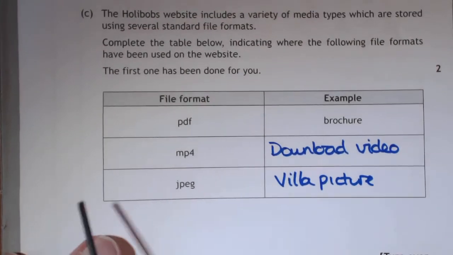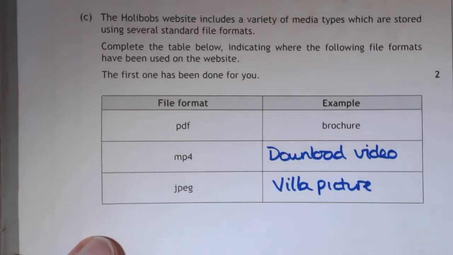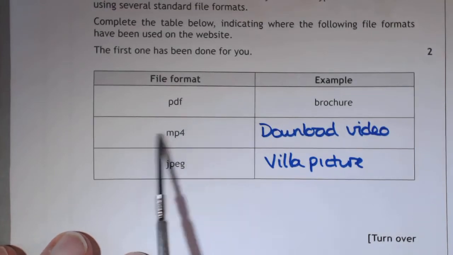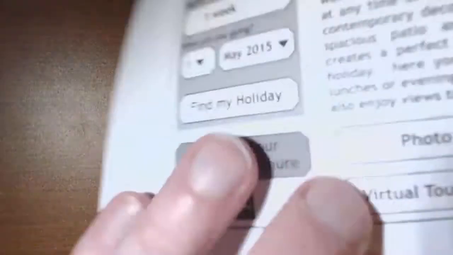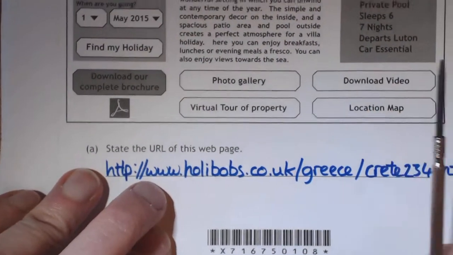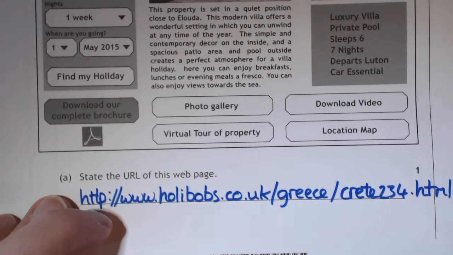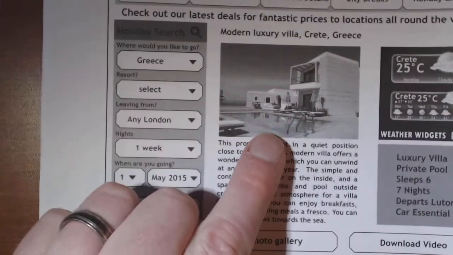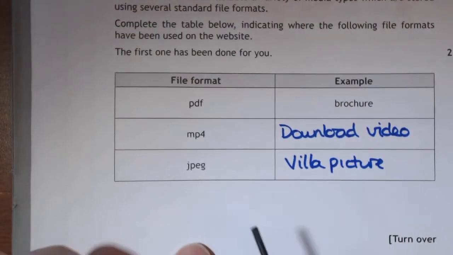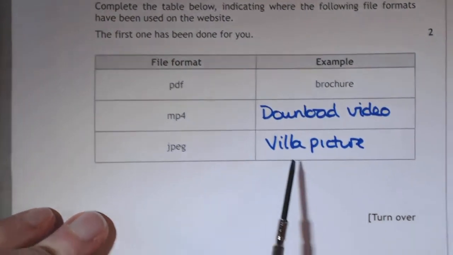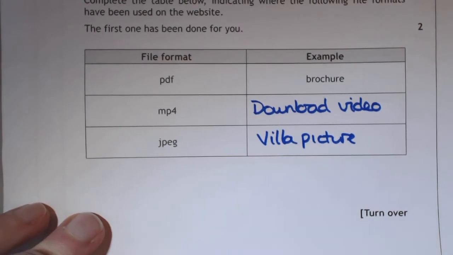So your PDF, your brochure which is done for you. The MP4, well, that's when they ask you to download the video. So download the video and it should be an MP4, and that wee picture there, probably a good chance it'll be a JPEG, and that's an example, your villa picture.